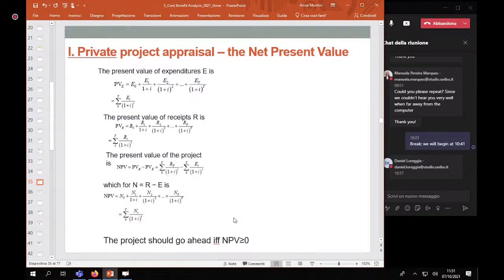If you have to deal with a private project, it could be easier to estimate expenditure and receipts. Okay? Once you have estimated the expenditure and receipts, you have to remember always that you have to calculate the present values. And the net present value is the final one. Okay?